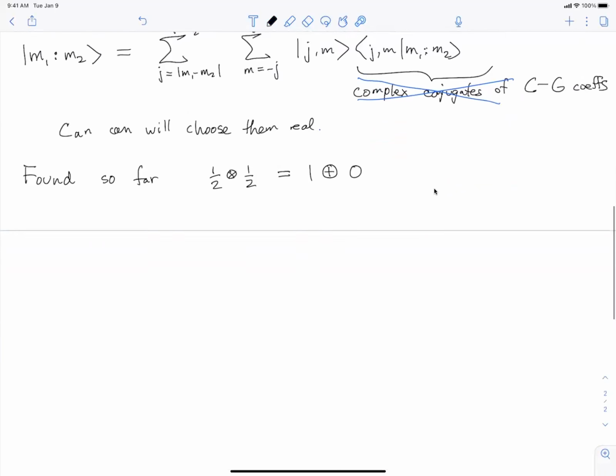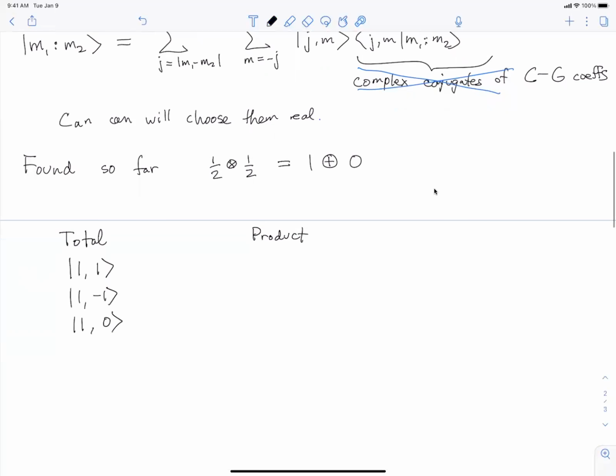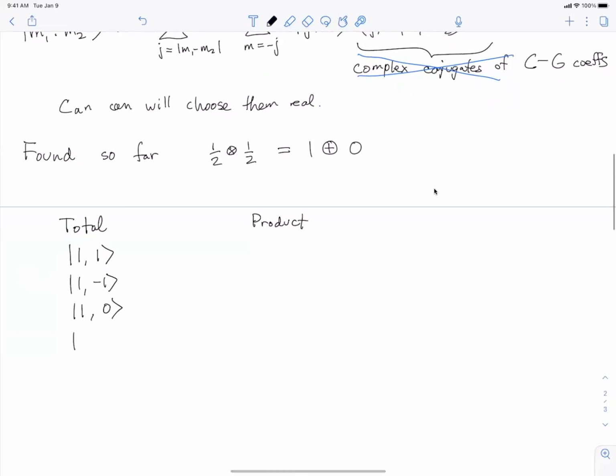And what we found was, I'm going to write in this column the total angular momentum states as linear combinations of the product basis states. So we had total spin 1, m component 1, total spin 1, m component -1, total spin 1, m component 0. And if the total spin is 0, then the only m component you can have is 0.